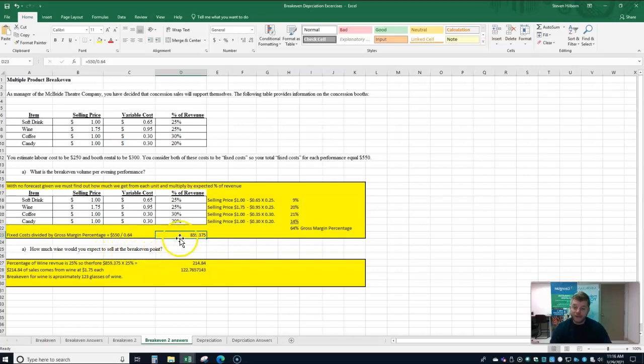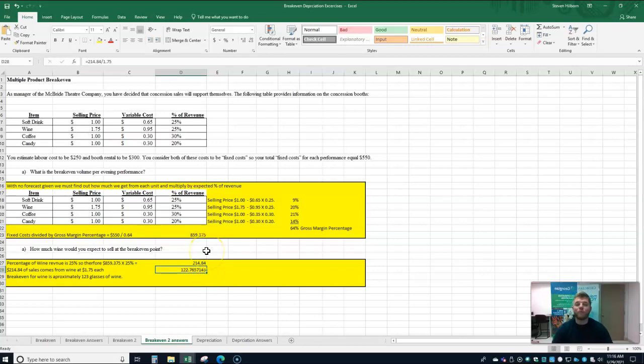Then it asks how much wine you would expect to sell at the break-even point. We know that wine is 25% of our revenue, so this is quite simple. We just figure out what wine is at 25%. That's $214 worth, and then divide by how much we're charging. That gives us how many units of wine we need to sell, which is about 123 glasses of wine.